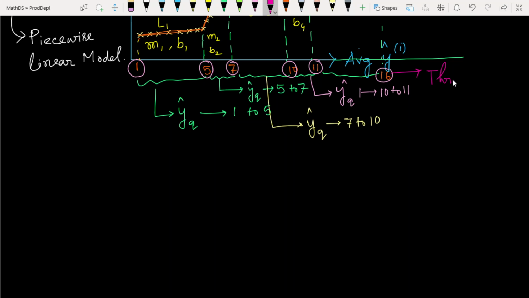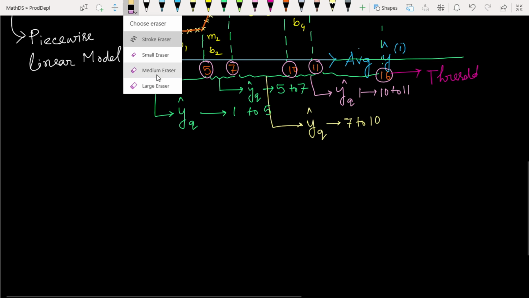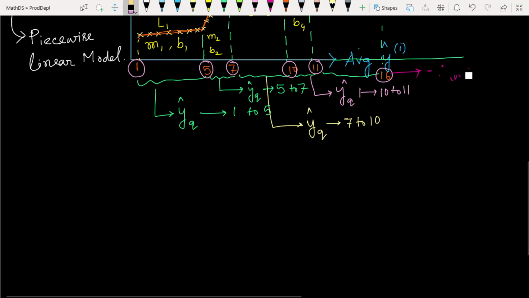Threshold. Okay, I am making some mistake. If you see a spelling mistake, please correct it on your own. And this is the threshold value. In simple form, I am writing it: THR.